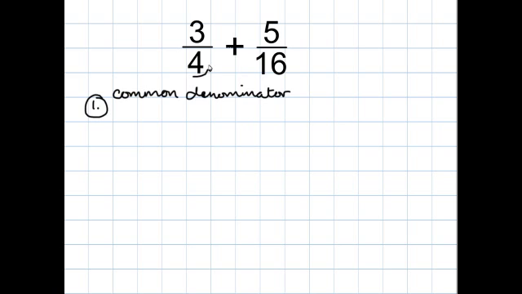What I'm going to do is change this fraction so that it has a denominator of 16, and I'm just going to do that to the side, just so I can keep the left hand side clear for my calculations and the right hand for the extra bits that I need to do. So I'm going to change my 3/4 so that it has an equivalent fraction but with 16ths. So once again, ask the question, what have I done here?